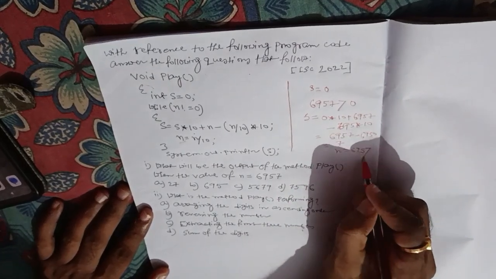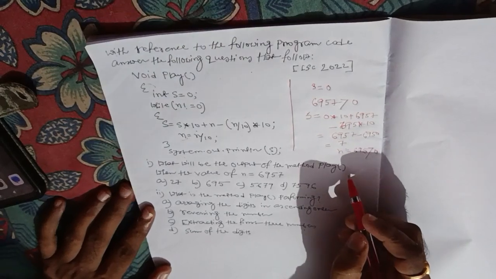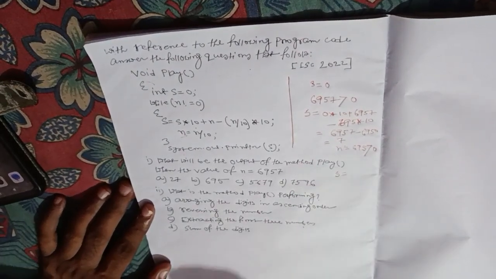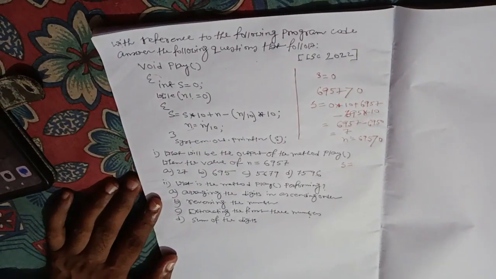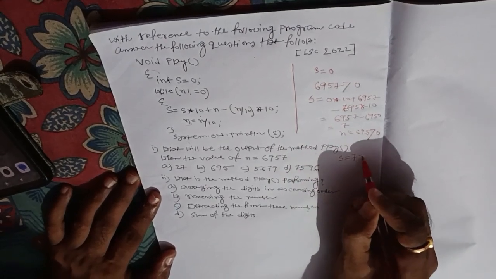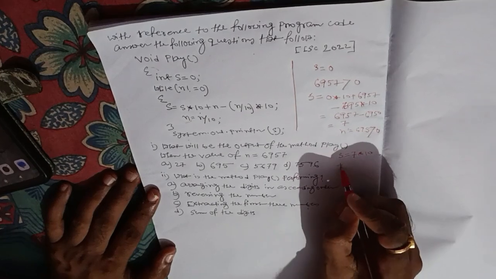695 is also greater than 0. So we will calculate the value of s again. It will enter into the loop and we will calculate the value of s. Previous value of s 7. 7 into 10 plus n.